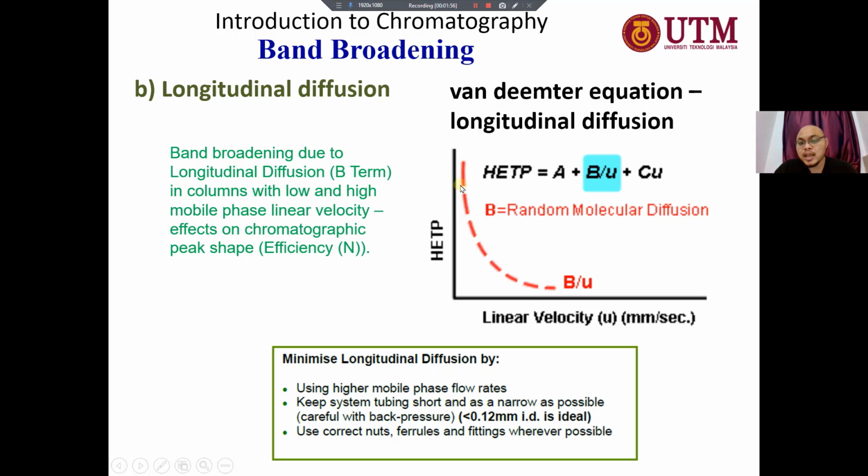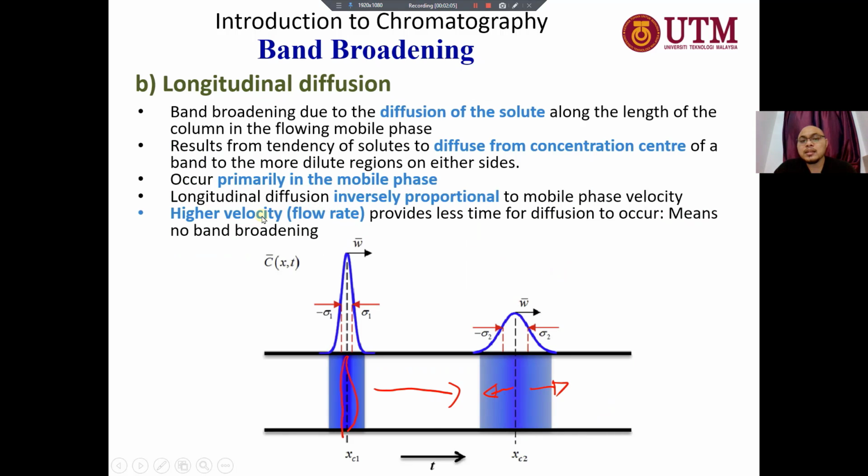Here, the HETP number becomes less at high velocity. A higher velocity will minimize the longitudinal diffusion effect. How? Because we provide less time for diffusion to occur.